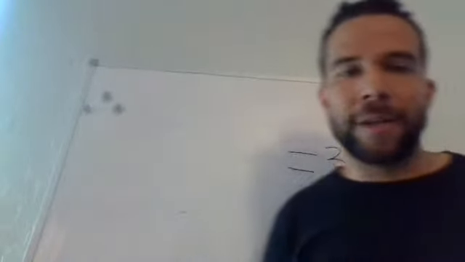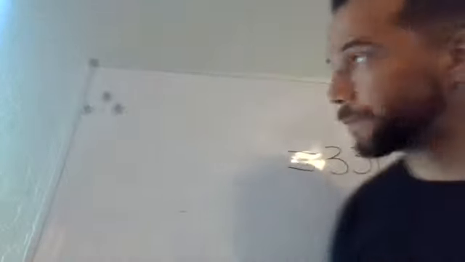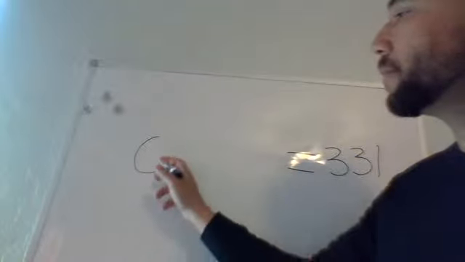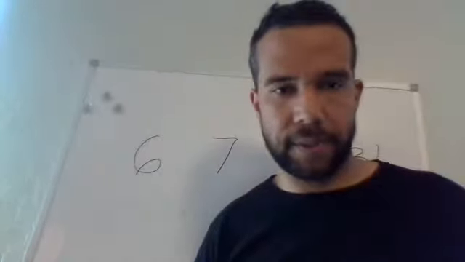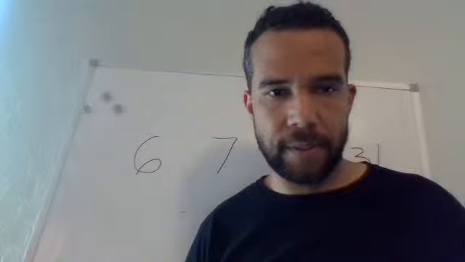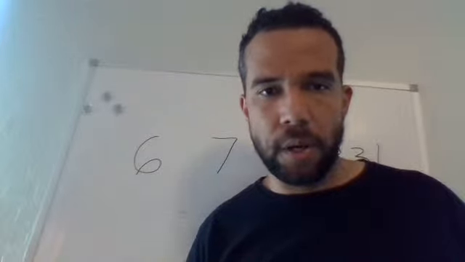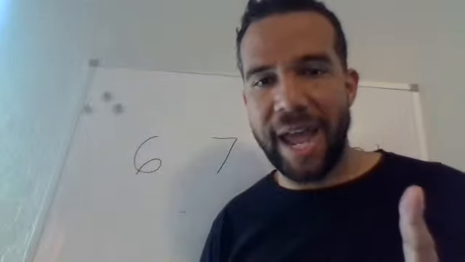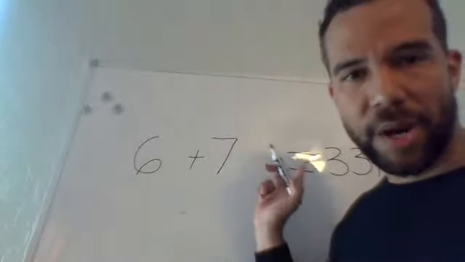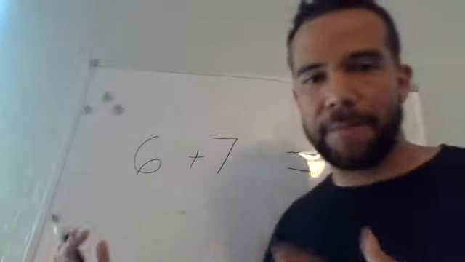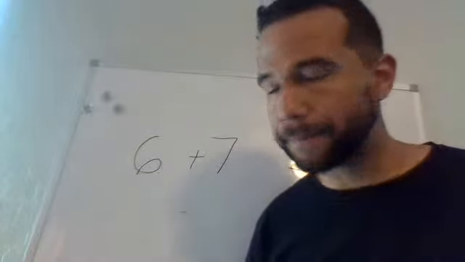All right. Six buses were filled and seven students traveled in cars. So we know for a fact we're going to have to add this together. We're trying to figure out how many people were on the bus.